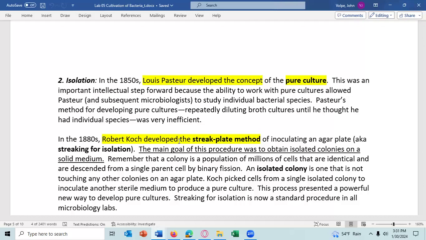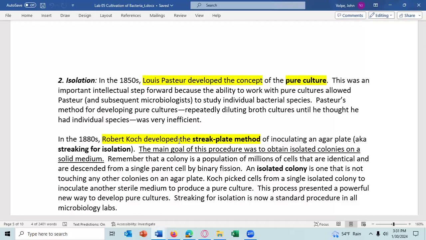If one of the dilutions only had one tube with growth in it and 9 tubes with no growth in it, Louis Pasteur did correctly assume that it was a pure culture if it only grew in one of the 10 tubes.